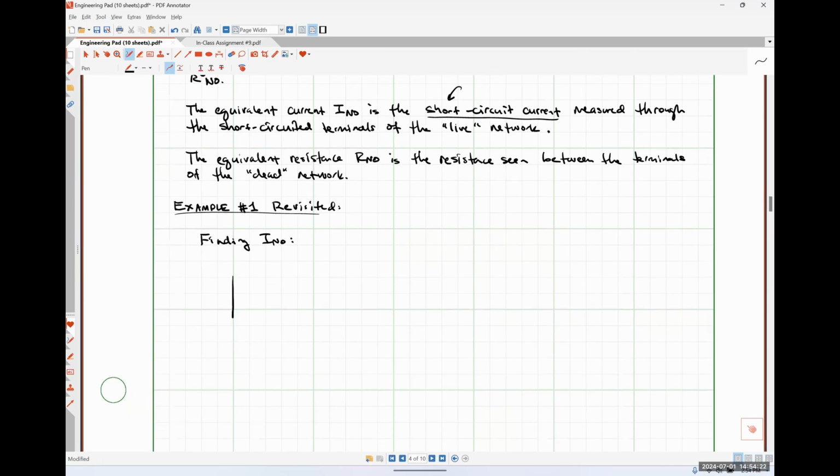So if I replace the 1 ohm resistor with a short circuit, my system is going to look something like this.